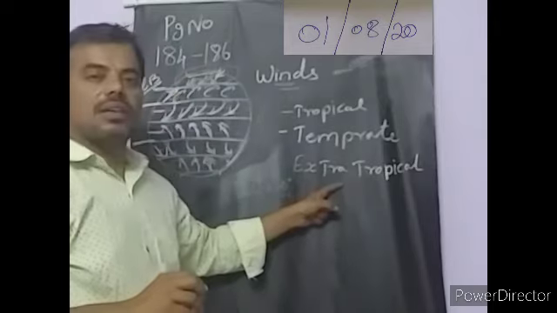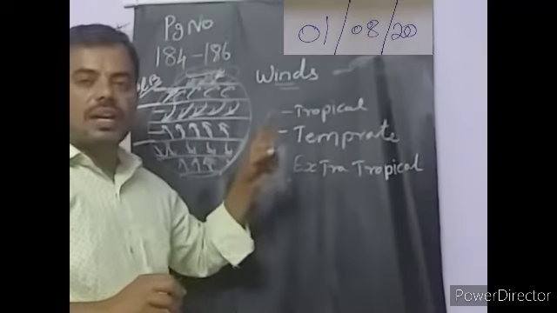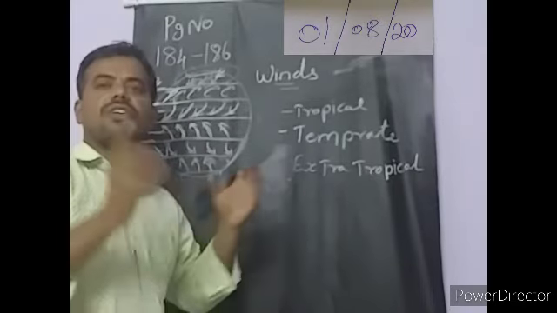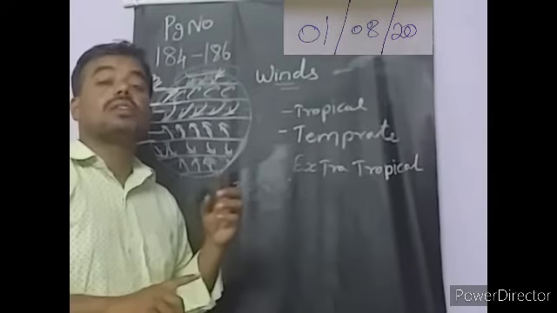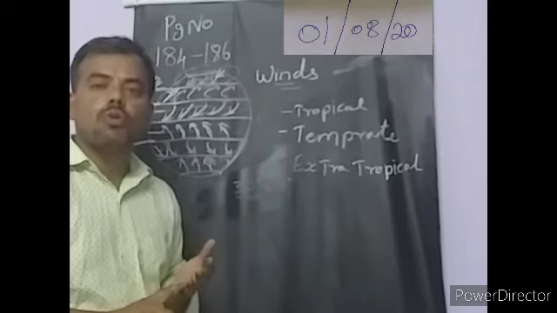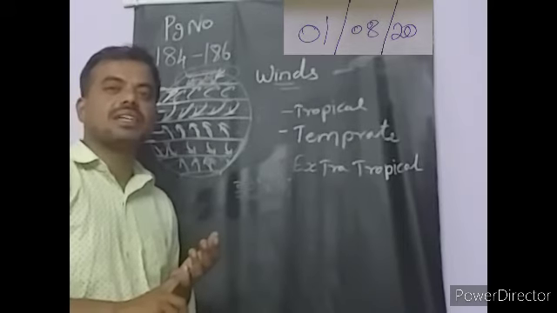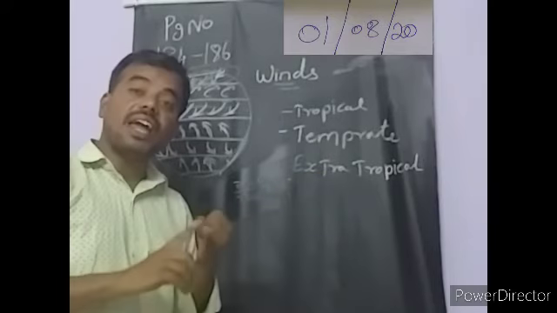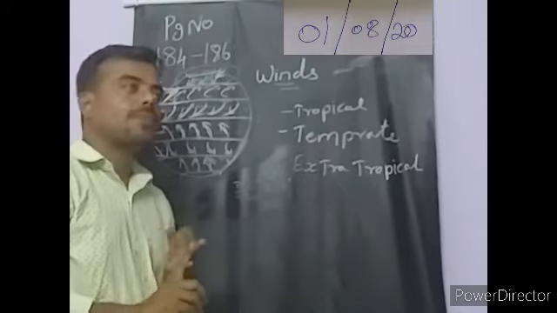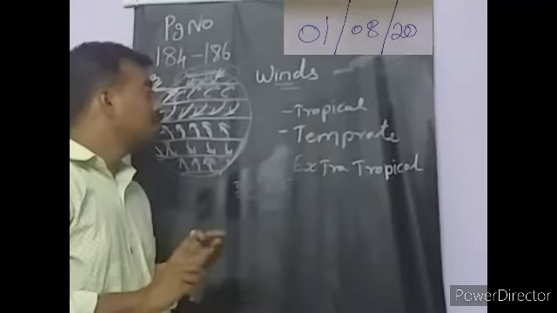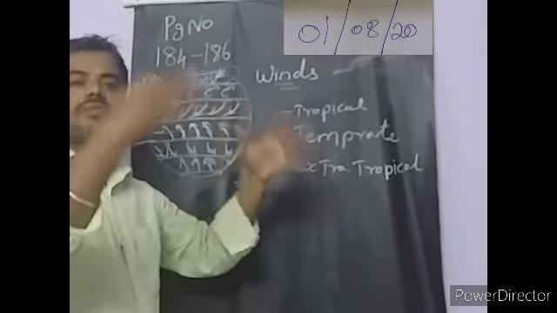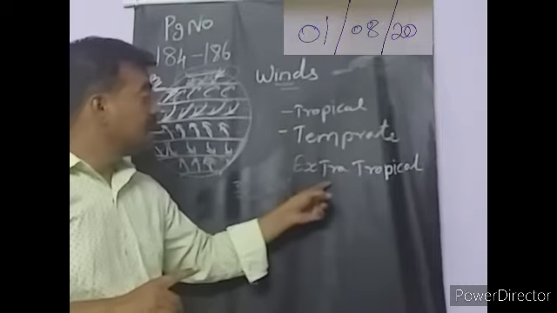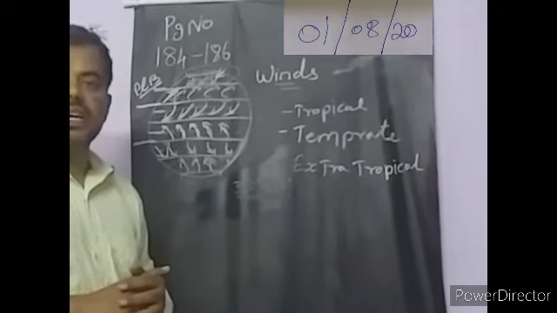Because of this wind, we will get heavy rain. We will get blizzards, which means more snowfall. We will get more twisters, tornadoes, that will be called a twister. That will happen more because of this extratropical. So heavy rain, thunderstorms will be more, and drizzles will be more. Blizzards will be more, snowfall will be more, and tornadoes will be more because of these extratropical winds actually.